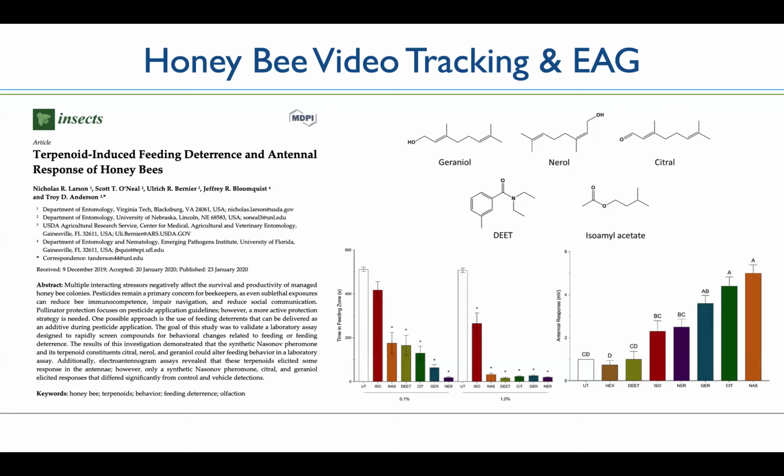So we did a lot of behavioral studies to show that a variety of different compounds, from DEET to citronellin to geraniol and nerol, each decrease the time in a feeding zone. And then we correlated that to antennal responses using EAG experimentation, right? And showing these different stimuli.